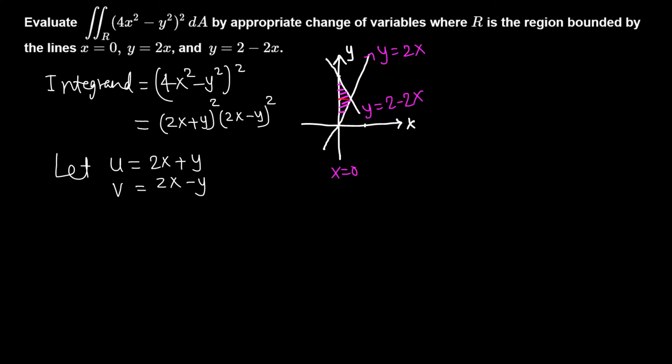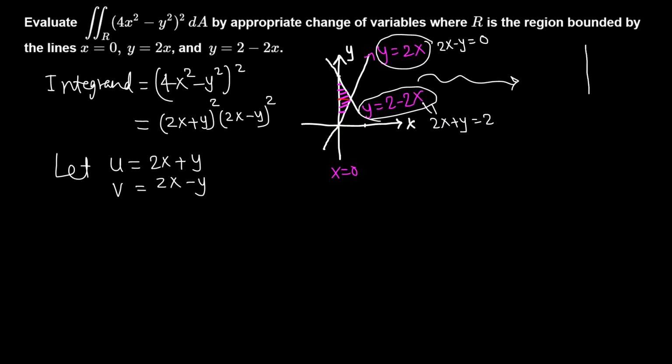Now we want to convert this region to a new region with these change of variables. So look at this line, y equals 2x. If we move things around, this is the same as 2x minus y equals 0. And the other line is the same as 2x plus y equals 2.